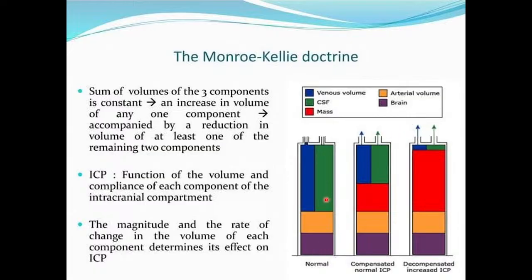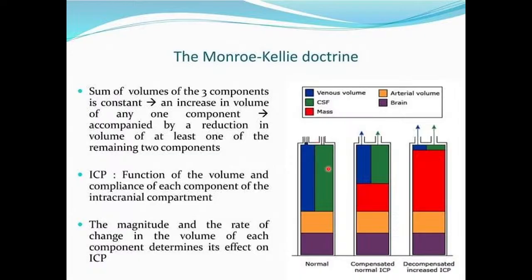That is the normal. This is the whole representation of the cranial cavity. 80% is occupied by the brain, then 10% by arterial volume, then the venous volume, and the green one is CSF.